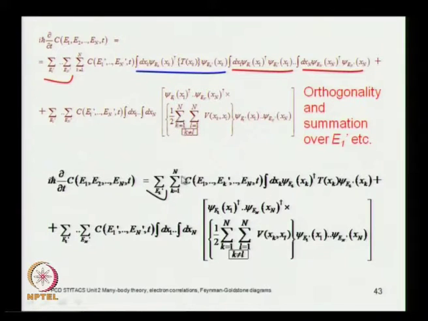So, you are left with a summation over ek prime. There is no summation over other single particle quantum numbers, just one single summation over ek prime. Then there is a summation over k going from 1 through n. You have got the coefficient c, but the arguments are all unprimed except the kth one, which is ek prime.